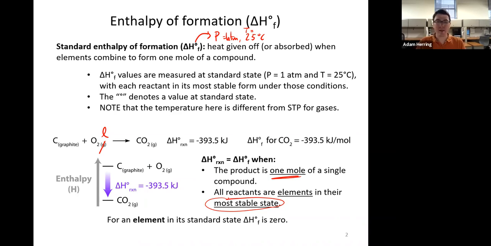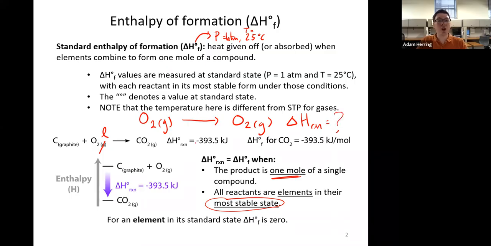For any element that's in its standard state, the enthalpy of formation is 0. Let's think about this. Let's say that we were to take oxygen in its standard state, and we form oxygen in its standard state. What's the energy change required for this to happen?